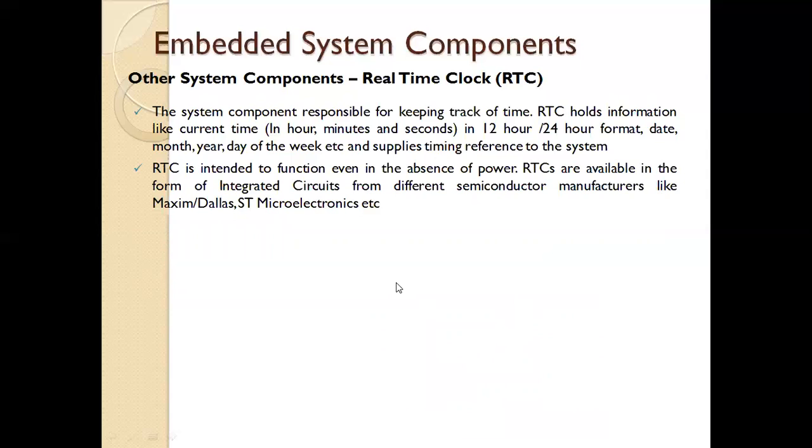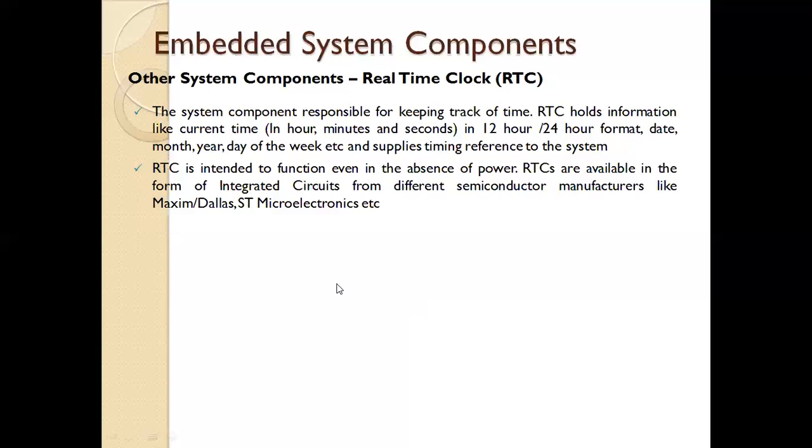The RTC contains a microchip for holding the time and date related information, and a backup battery cell for functioning in the absence of power, in a single IC package. So the RTC is available in a chip format, which contains the battery backup as well as the chip that holds the time and date information.